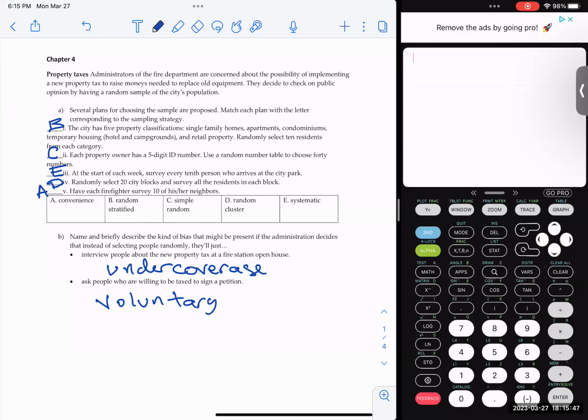Anybody remember what voluntary response bias means? Yeah. So, the word volunteer is very confusing because anytime you're working with humans, you're not forcing them to do anything because that would be unethical, right?